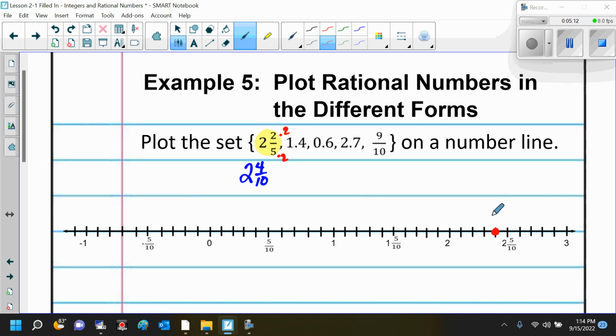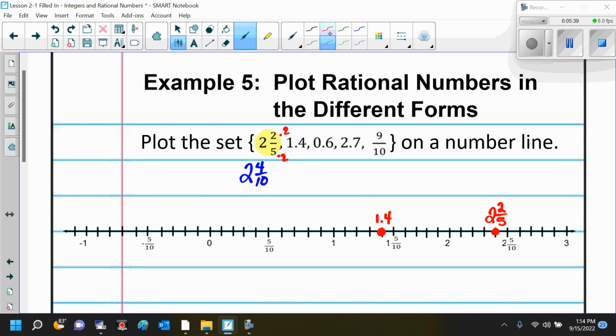So this is 2 2/5. Is everybody clear with that? All right. So now I have 1 4/10. So here's 1, and then we have to go to the right because this is positive. 1/10, 2/10, 3/10, 4/10. So this is 1 4/10, which is 1.4.